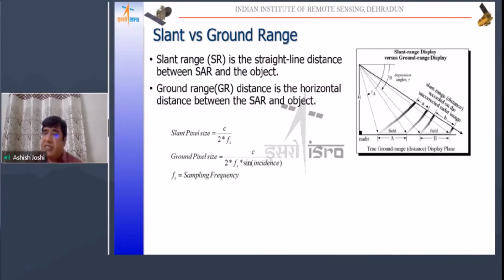The pixel size is C by 2fs, but it is not geometrically corrected. To do the geometrical corrections, we have to project the image to the ground range plane. The slant pixel size is C by 2fs. From the geometry, the ground pixel size is C by 2fs into the sine of the incidence angle. This is a uniform pixel size, so we have to do uniform spacing in the ground range product.